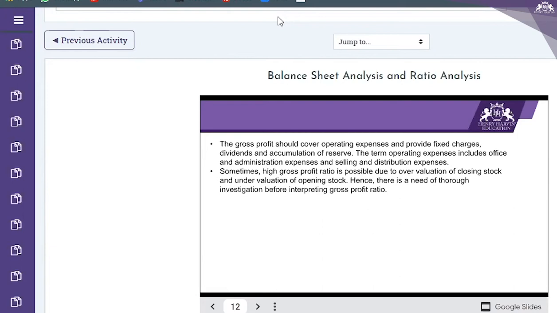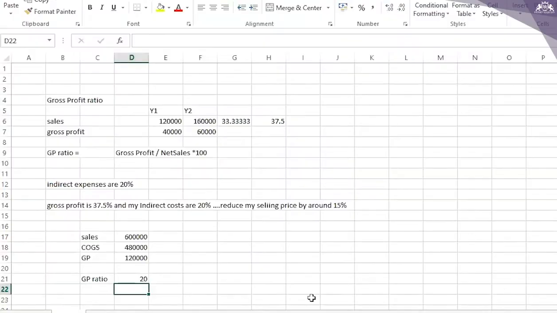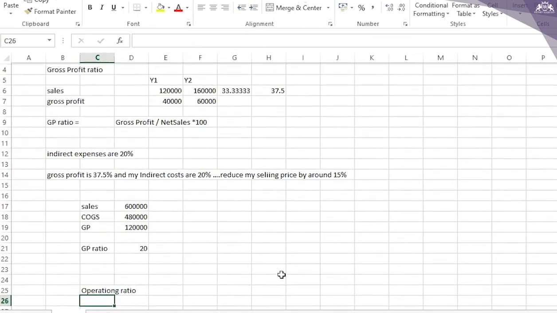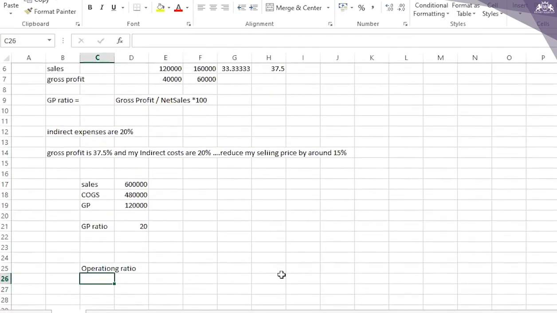Coming to operating ratio. What is operating ratio? Operating ratio is which covers your operational expenses.